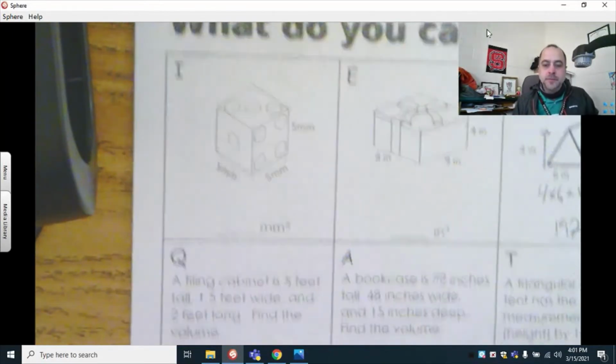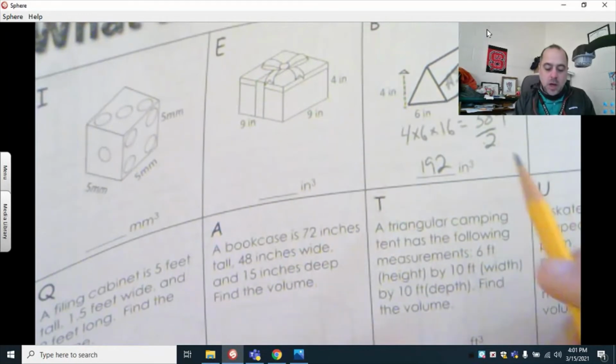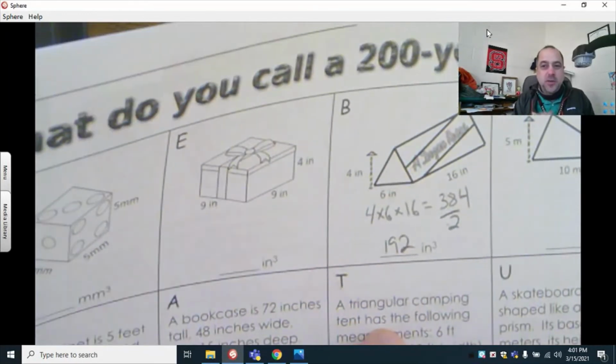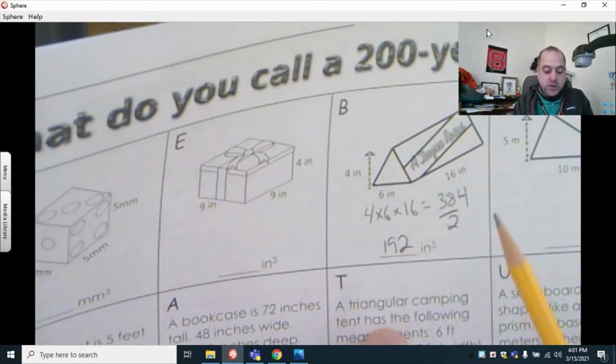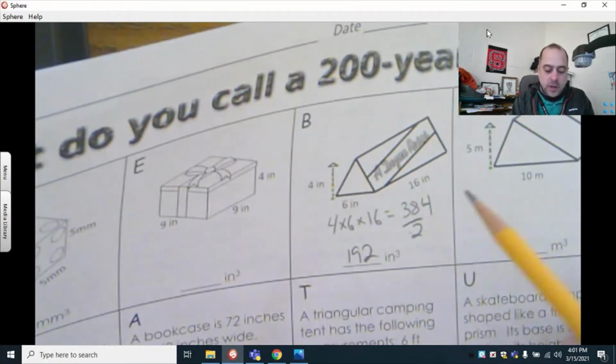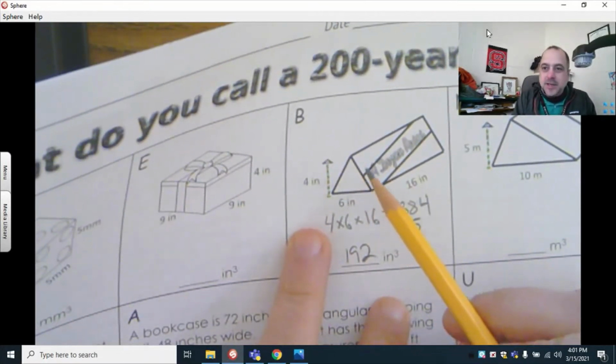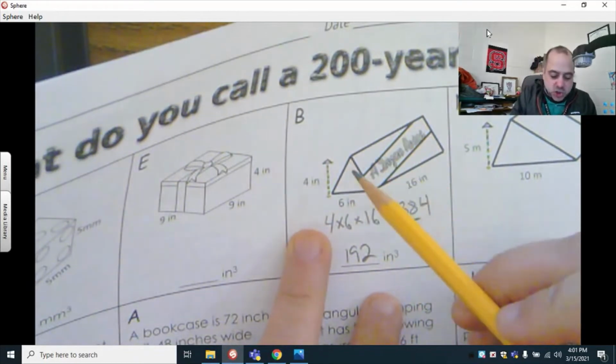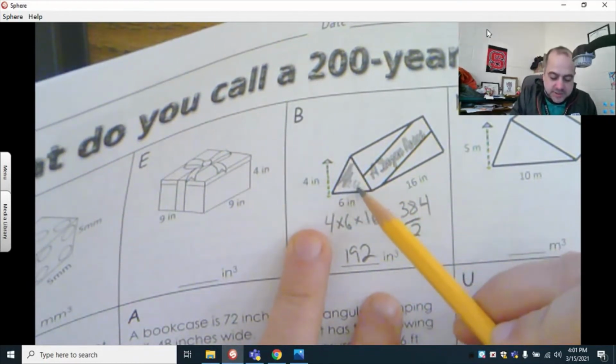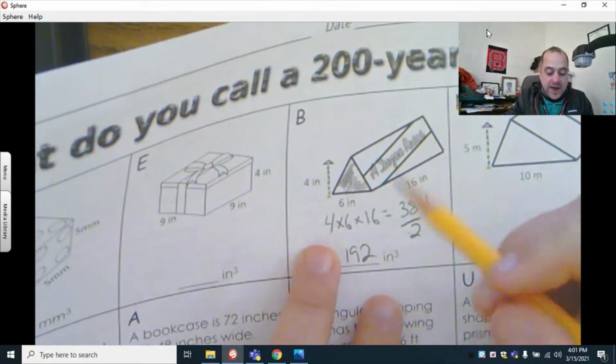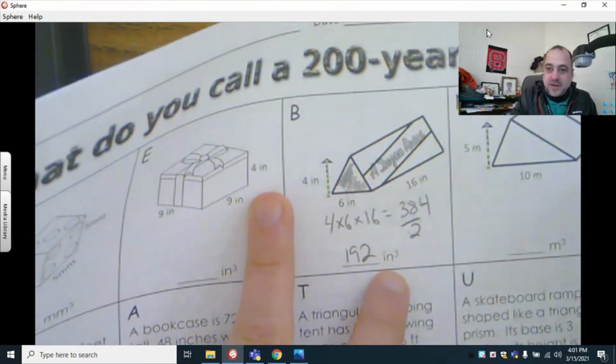So, another way of doing this, and this is also a smart way of doing it, you're going to do the area of the base. In this case, the area of the base is a triangle. This is considered the base. So we're going to do the area of the triangle. Well, how do you do area of a triangle? Half base times height, right?